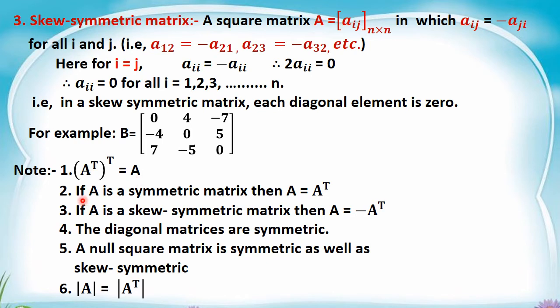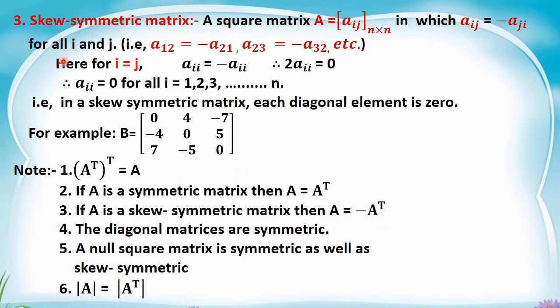Next, if A is a symmetric matrix, then A is equal to A transpose, that is, both Aij and Aji are equal in case of a symmetric matrix. That means if you interchange the rows and columns, you will get the same matrix only. And if A is a skew symmetric matrix, then A is equal to minus A transpose. That is only a change in the sign.